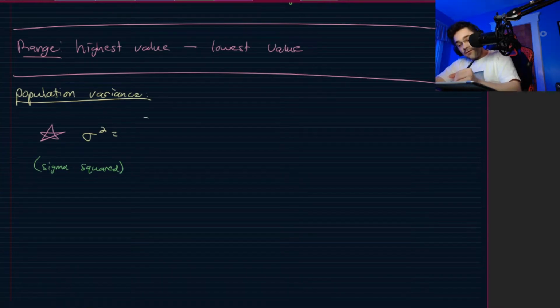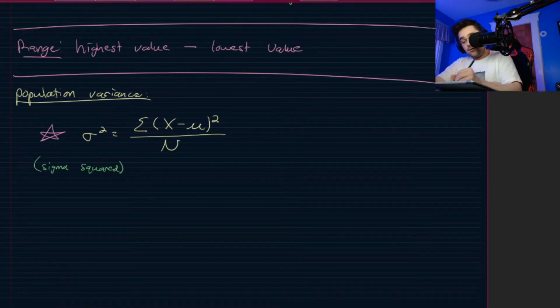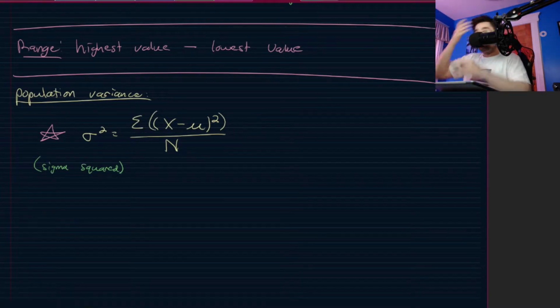It's the sum of all the x's minus mu squared over big N. Let me just write one more parentheses in here to avoid confusion. You do the squares and then you sum them up.